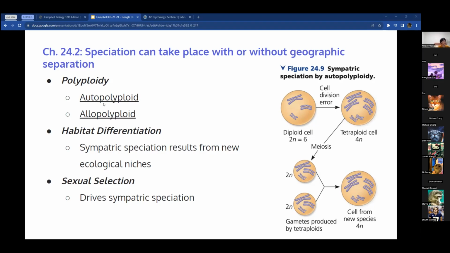One is autopolyploidy, when a plant asexually reproduces, or mates with another member of its own species, and some error happens in meiosis that leads to a zygote with double the chromosomes. This is auto: one species gave rise to a new species by duplicating its genome.